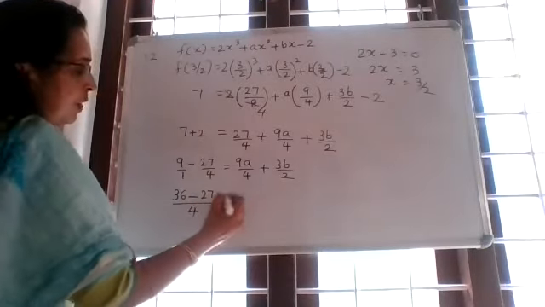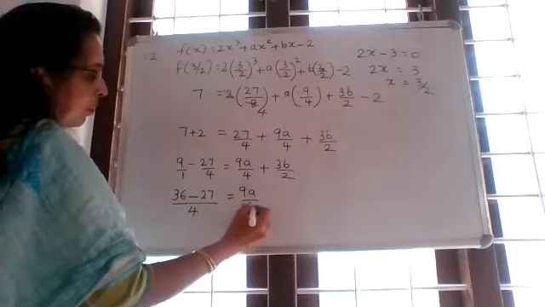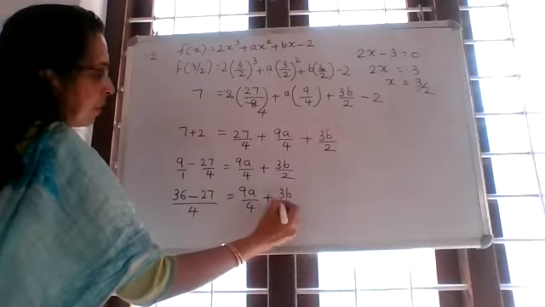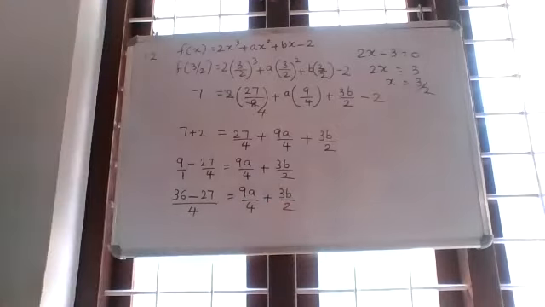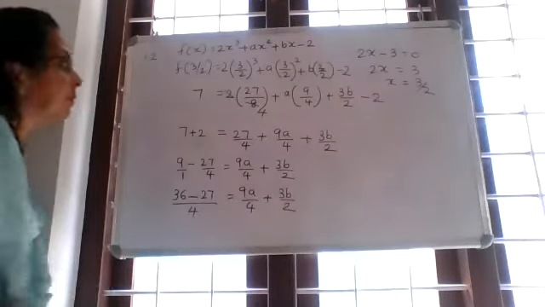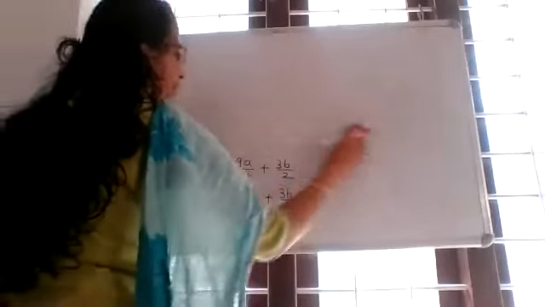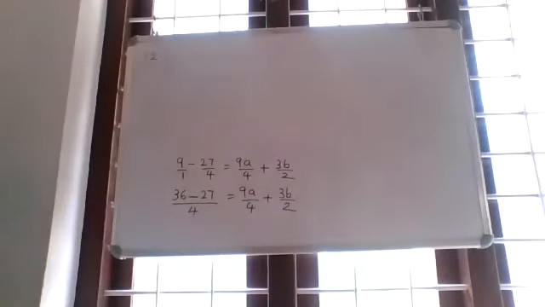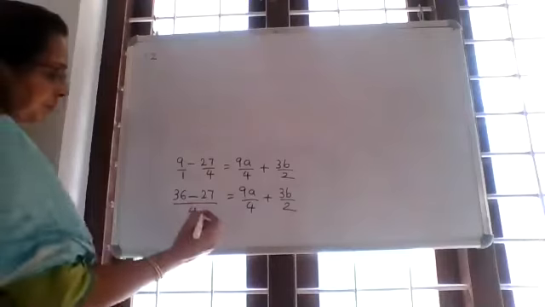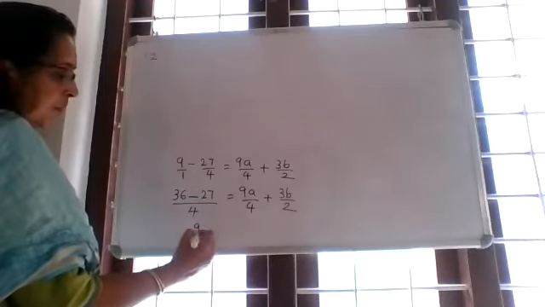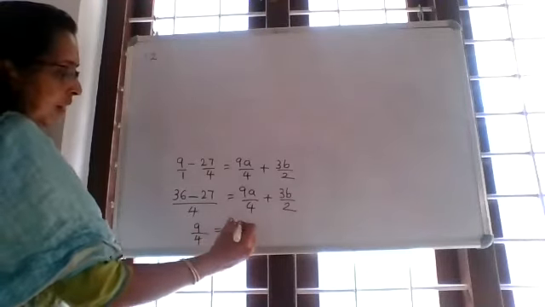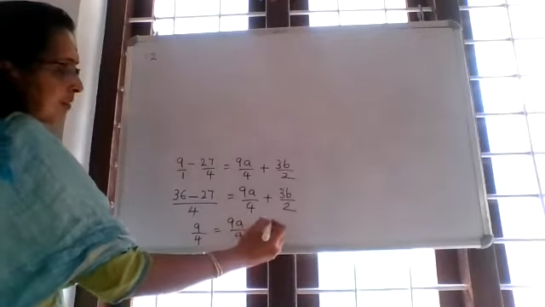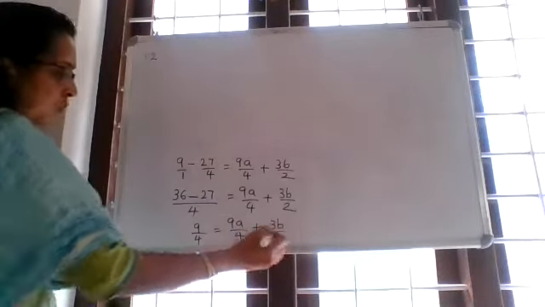So 36 minus 27 is 9, so 9 by 4 is equal to 9a by 4 plus 3b by 2.